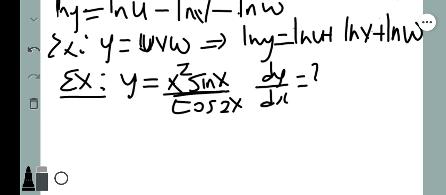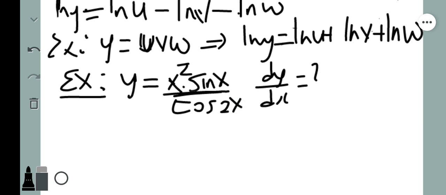In a normal setting, this is not only a quotient, there's a product, things like this. So in this case, whereby I have three functions or more, but basically for your level, let's say three functions joined together by product or product and quotient like this, then you just apply the logarithmic method.